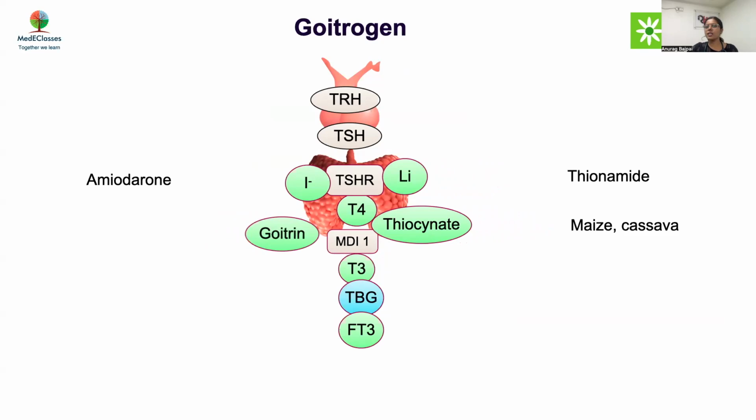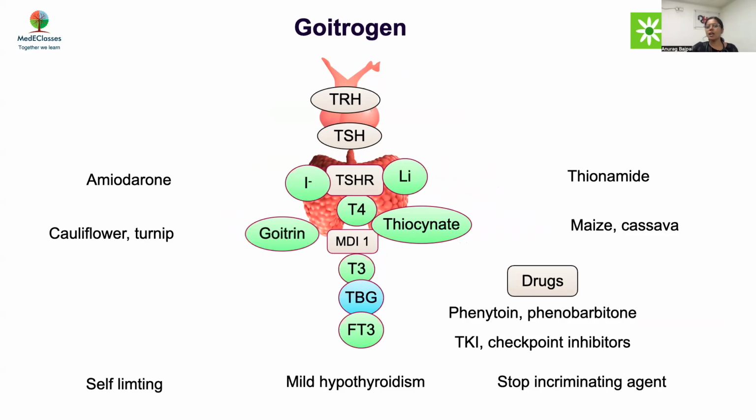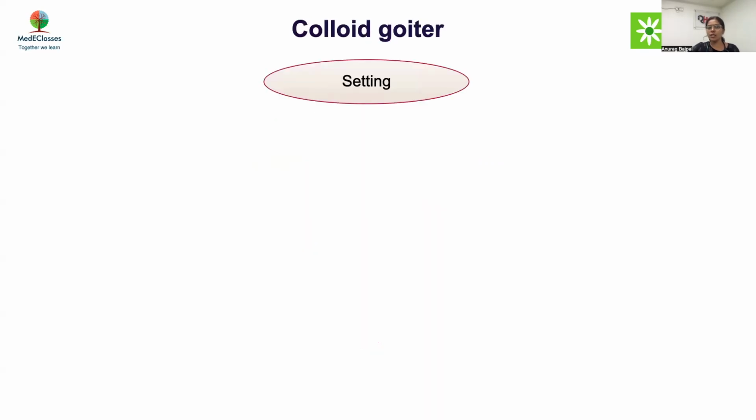Thiocyanate is present in maize and cassava, and cauliflower and turnip contain goitrins. Drugs like phenytoin, phenobarbital, tyrosine kinase inhibitors, checkpoint inhibitors act like goitrogens. This course is self-limiting, can result in mild hypothyroidism, and treatment is to stop the causative agent.